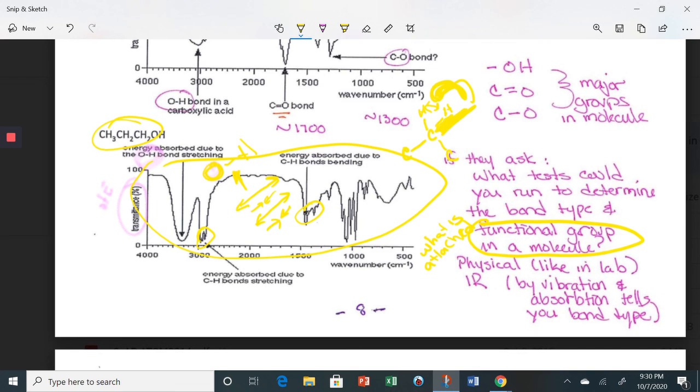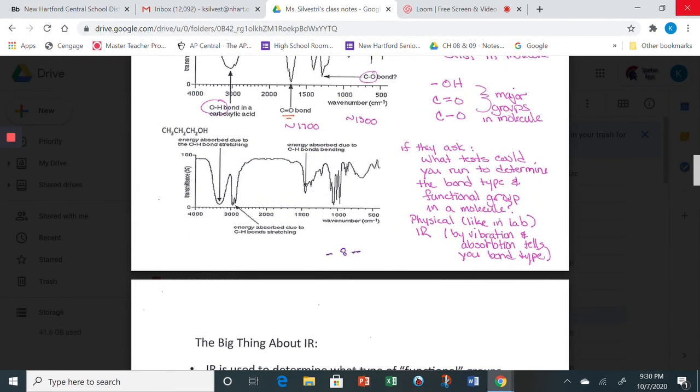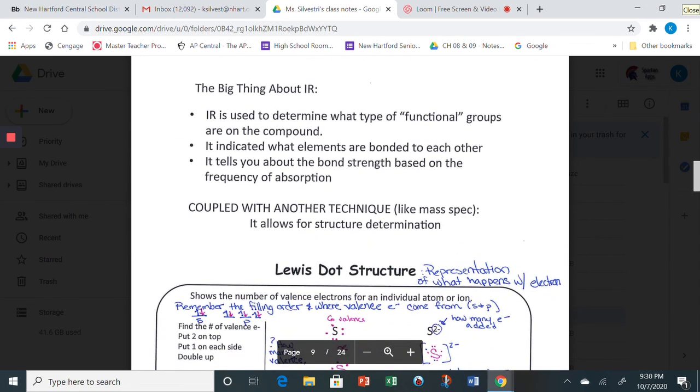So if you do any type of synthesis work, you run IRs to make sure that if you wanted to put in an alcohol, you have it. This is the alcohol stretching right here. Oh, look, I got the alcohol. And that's what you use it for. On the next page, it tells you this is the huge big thing that it's used for, and that is a major aspect of IR.